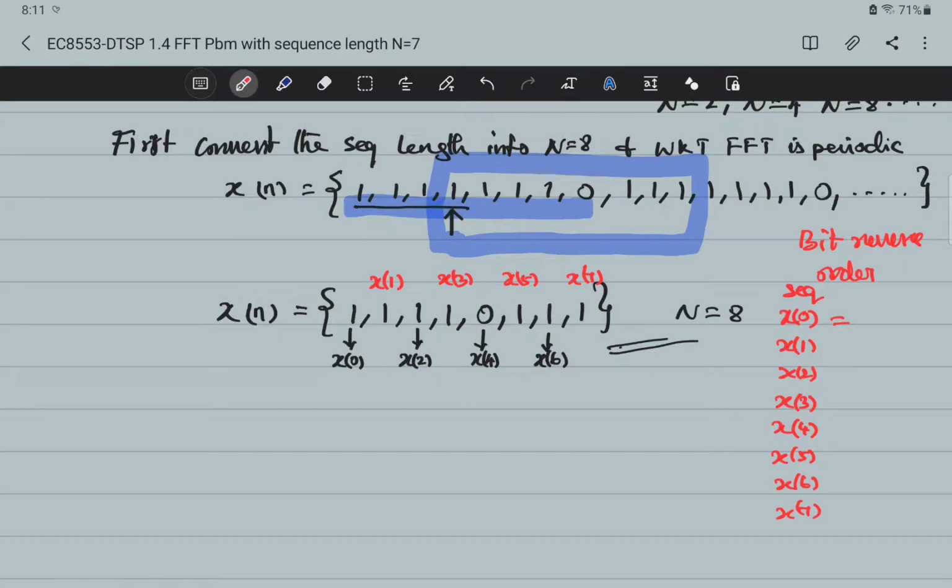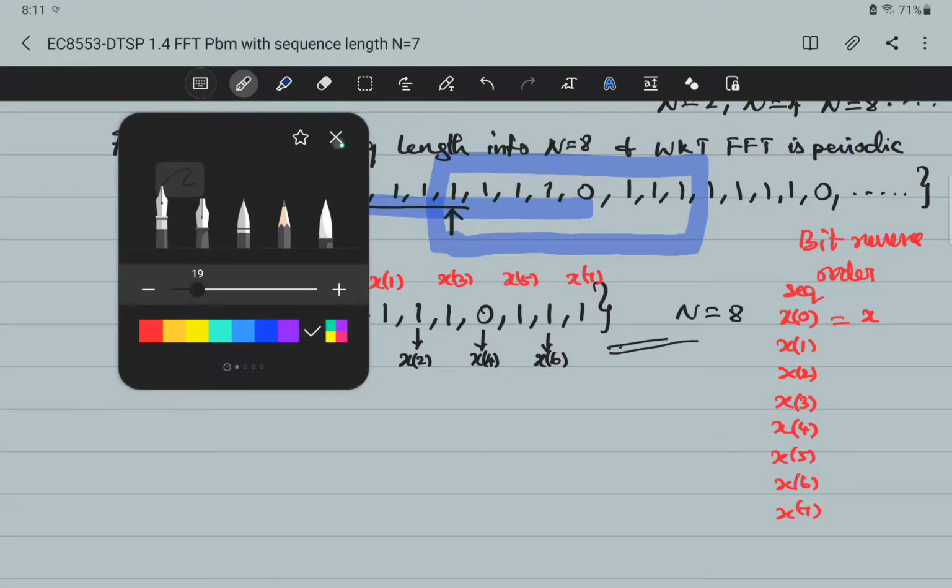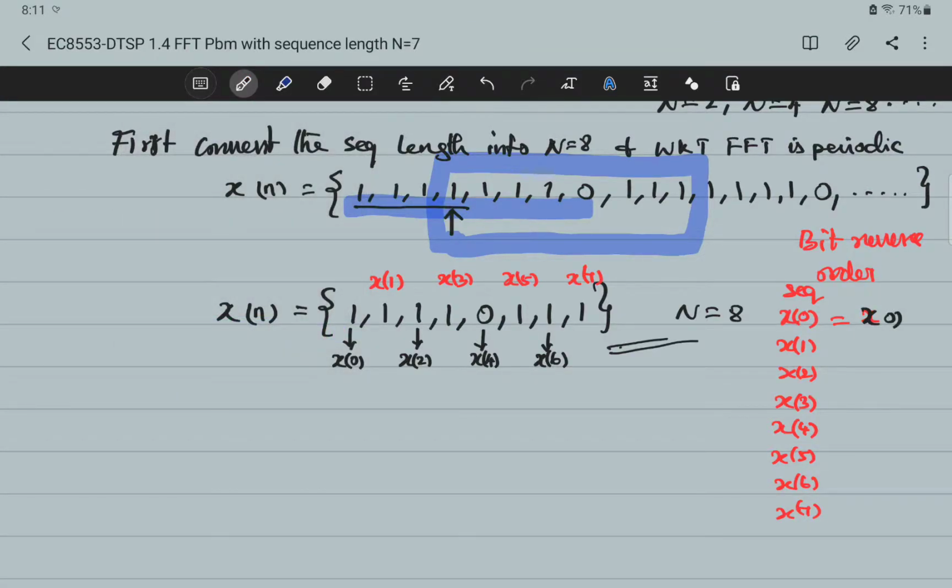Now the bit reverse order is x0, x4, x2, x6, x1, x5, x3, and x7.